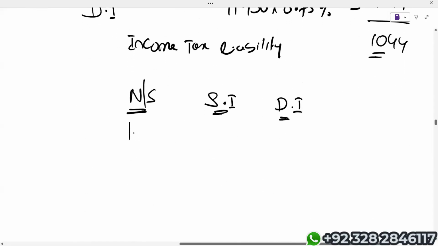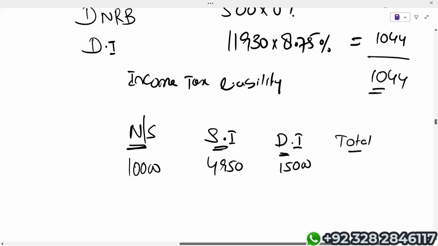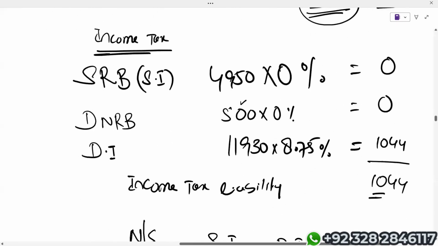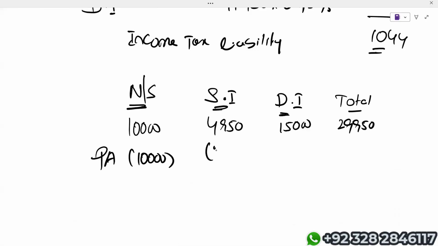Non-saving is 10, saving is 4950, dividend is 15. The total we have calculated was 29,950. Let's see the personal allowance, which is 10,000. 2570.